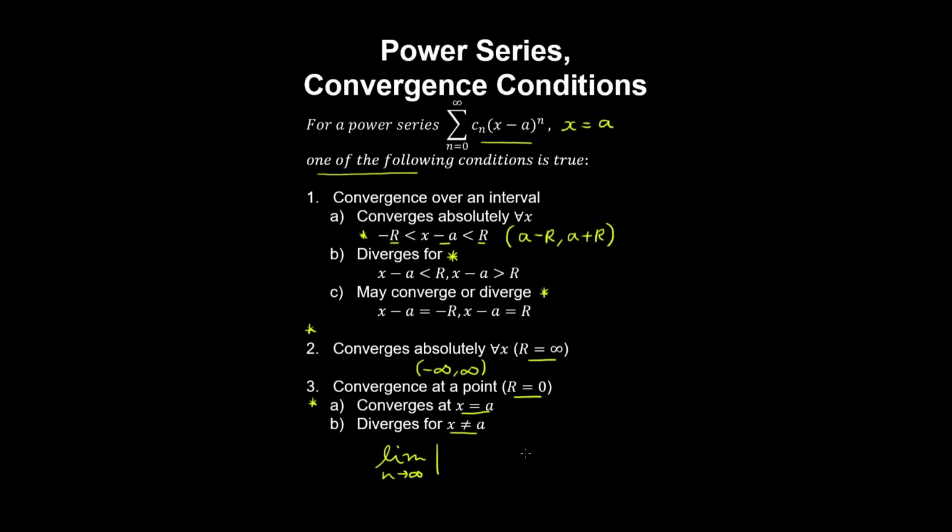We take the absolute value because x minus a can be negative. So we have the ratio of the next term in the power series to the current term in the series. And this ratio test is going to tell us which of these convergence conditions the power series satisfies.